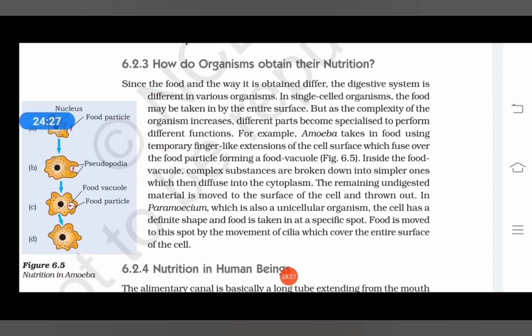For example, amoeba takes food using temporary finger-like extensions. The cell surfaces fuse over the food particles forming food vacuoles. Inside the food vacuoles, the complex substances are broken down into simpler ones, which then diffuse into the cytoplasm. The remaining undigested material is moved to the surface of the cell and thrown out.